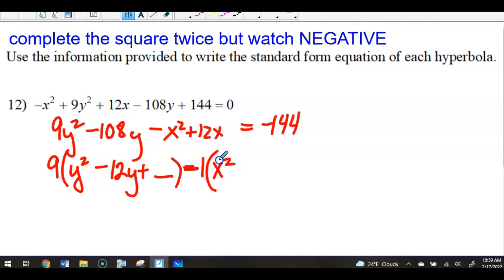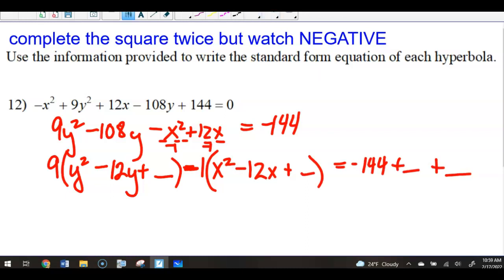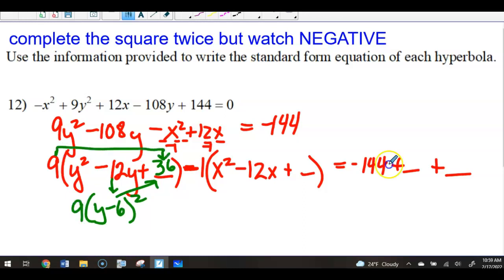Now, this is the trick, guys. Remember, you're dividing this by -1 and this by -1. So this becomes a -12x plus blank. And then you're going to have 2 blanks over here. And remember, the goofiness is that when you take half of this and you square it, you have really added 9 36s in there.